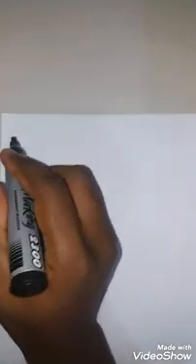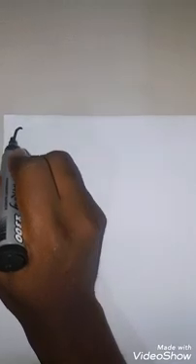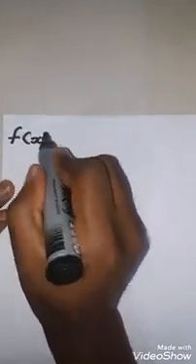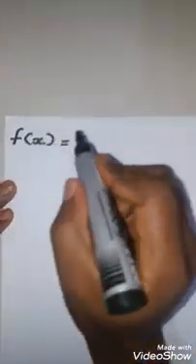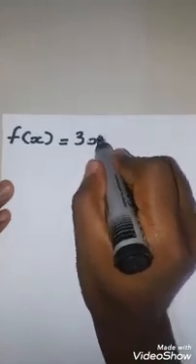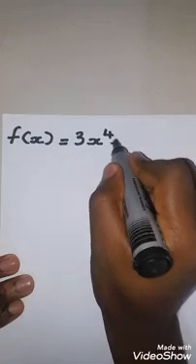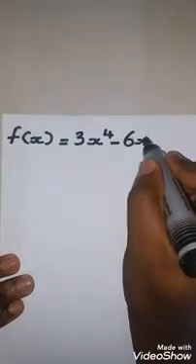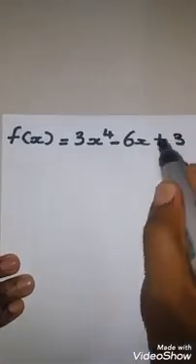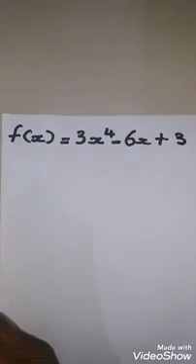So the second equation now, it's a little bit like the first, not much different, so that you can try this by yourself. It represents f of x. F of x simply means a function of x. So the equation is 3x raised to the power 4 minus 6x plus 3.